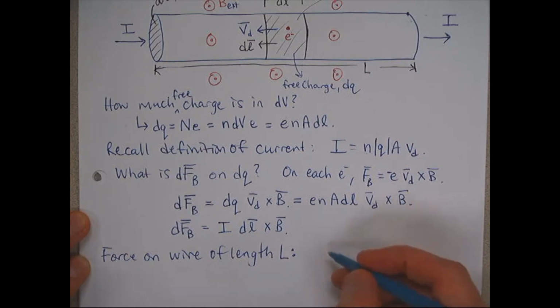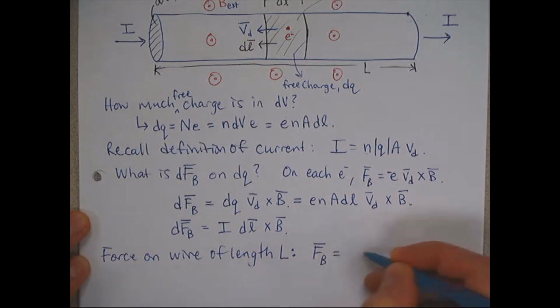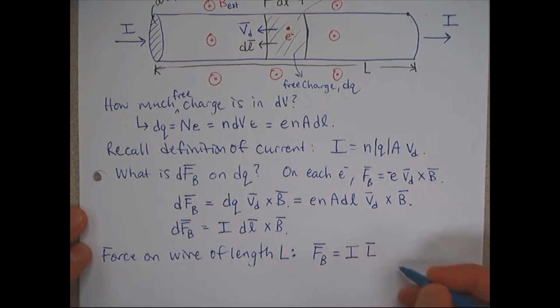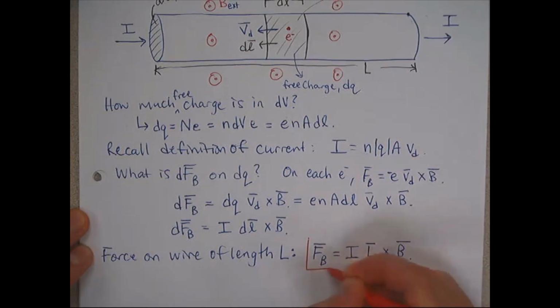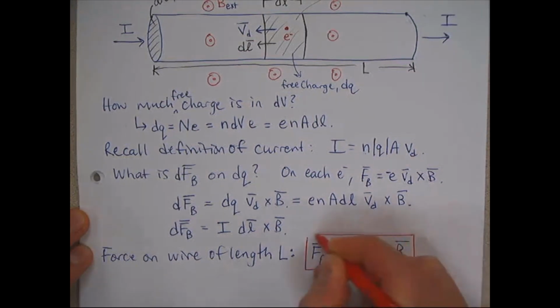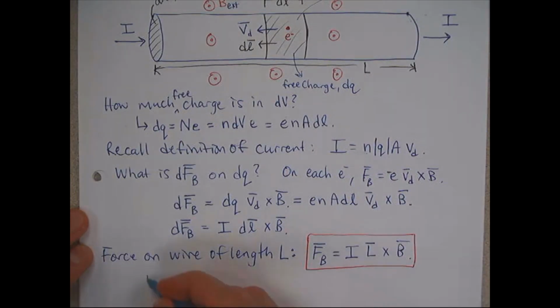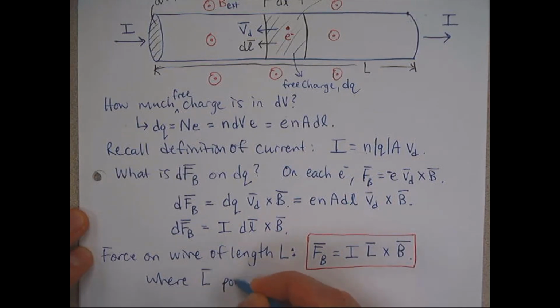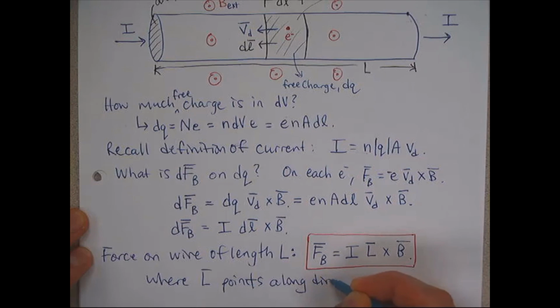The dl integrates up to the full length. We have our final result here that the force on a length of wire L is I L cross B, where this vector L points along the direction of current flow.